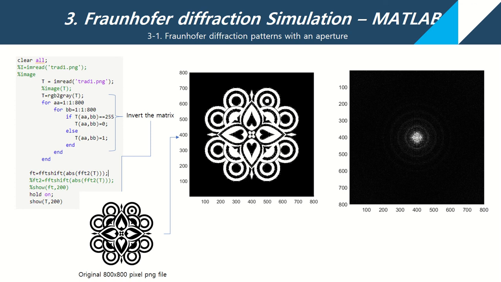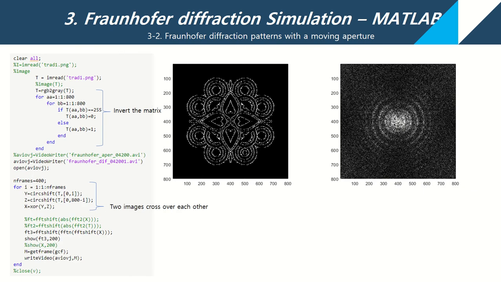The left picture is the aperture made by inverted matrix, and the right side is the diffraction pattern. In Fraunhofer diffraction, the distance from aperture is already considered very long, so there is no reason to change the distance. Then I changed the aperture and observed the change in the diffraction pattern.